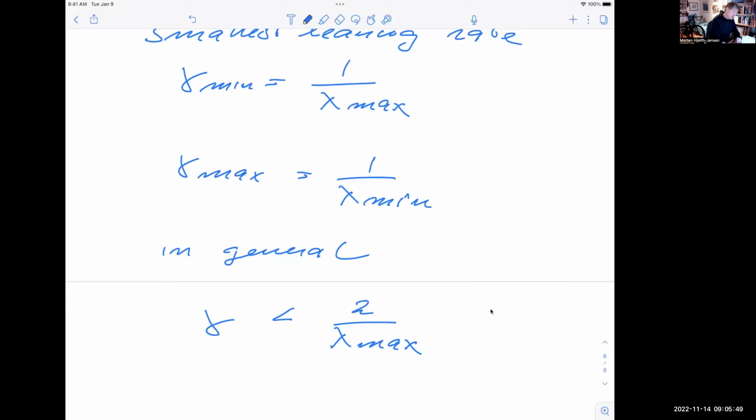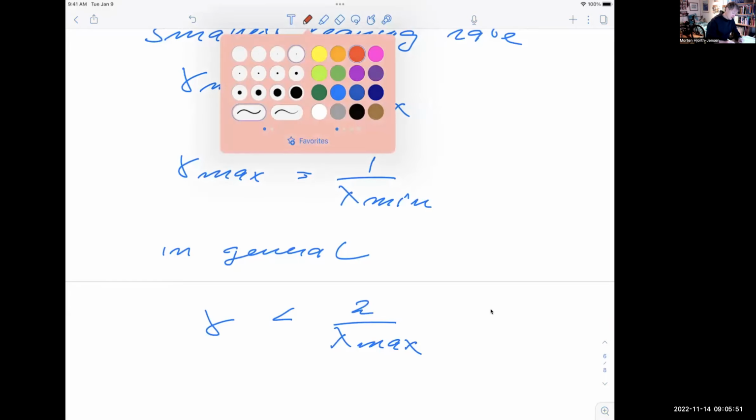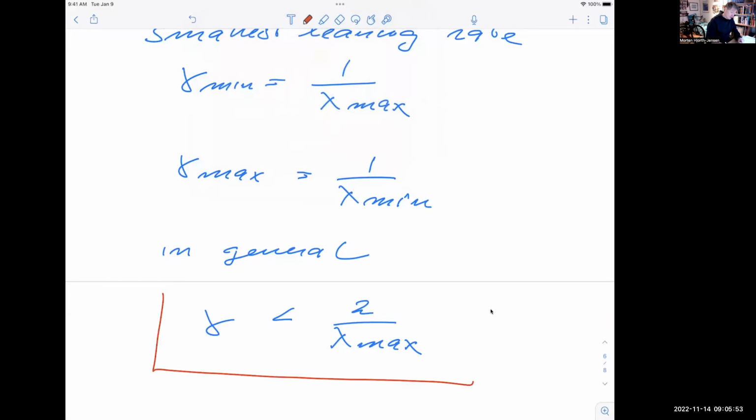I simply stated this without proof, but if you go into the literature, you can actually find demonstrations and proofs of the learning rate having to be less than 2 divided by the maximum eigenvalue of the Hessian matrix.